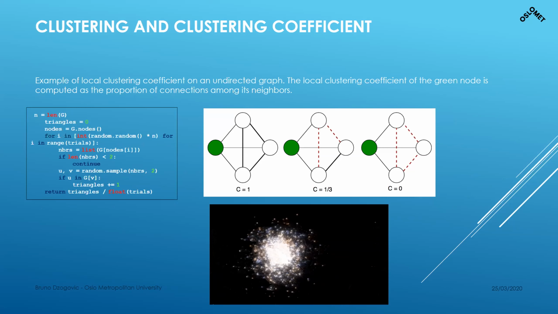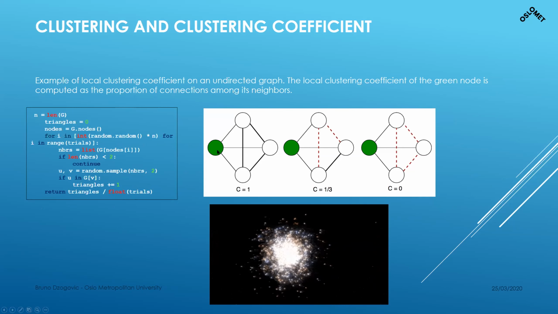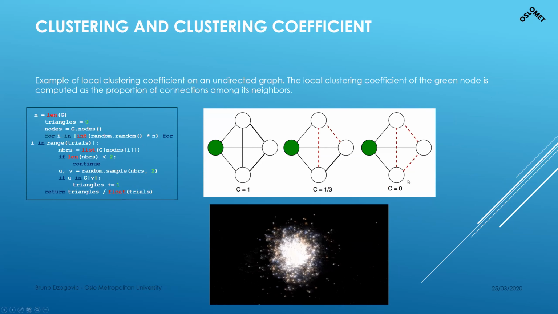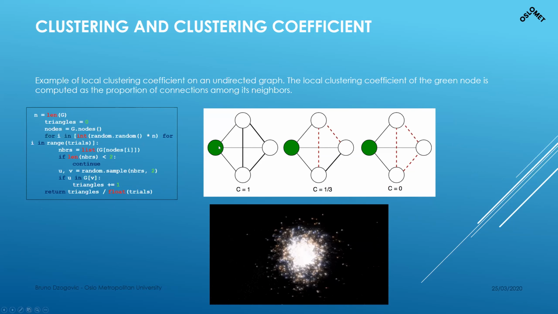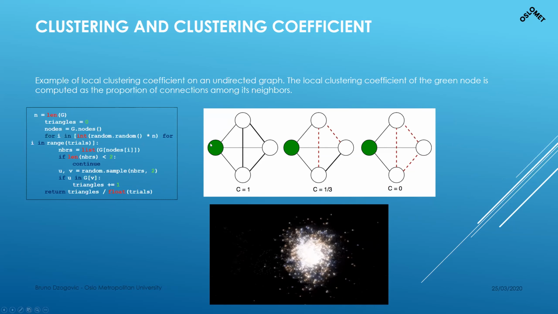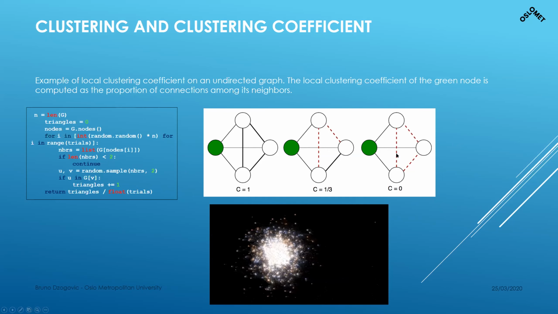This is just a small C code. I found an interesting example, and it shows the clustering coefficient. What a clustering coefficient is, is the degree of connectivity between the green node and the other nodes, which depends on the link levels. If you have 0, it means they're disconnected, so the clustering coefficient is going to be 0.